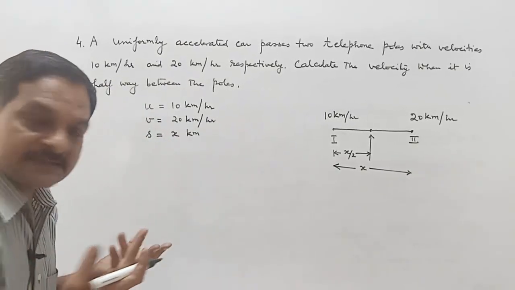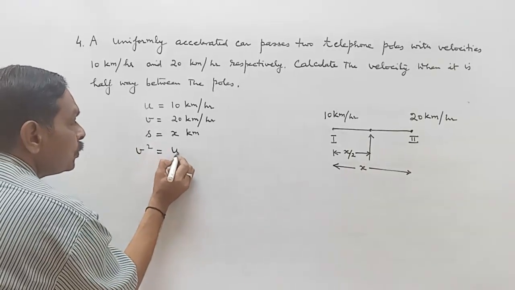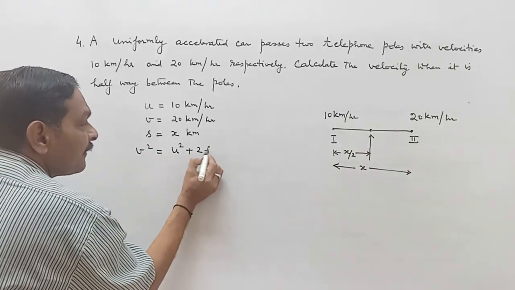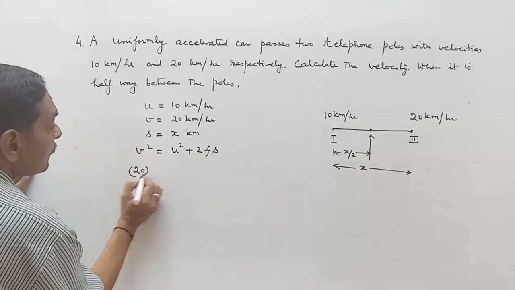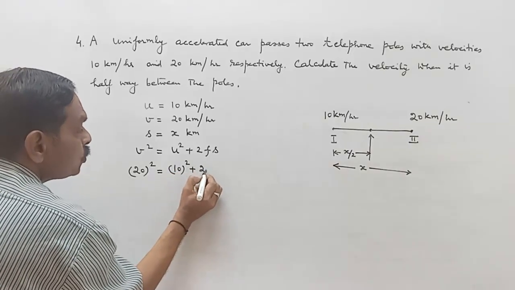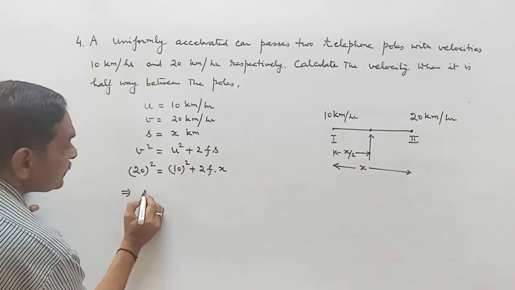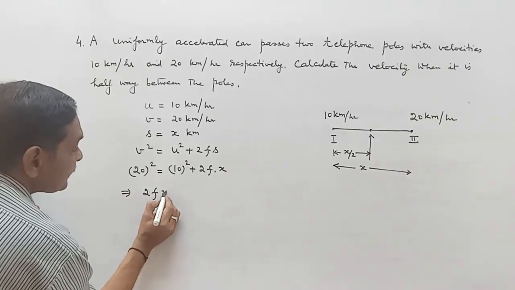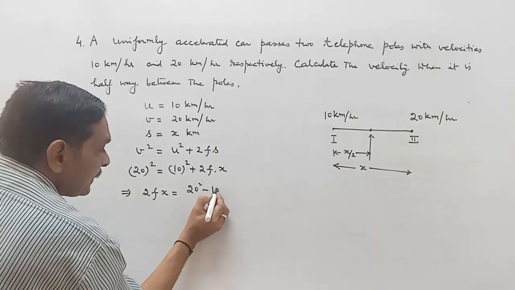So we can find the acceleration using the formula v square is equal to u square plus 2fs. So 20 square equals 10 square plus 2f into x. This implies 2fx equals 20 square minus 10 square.